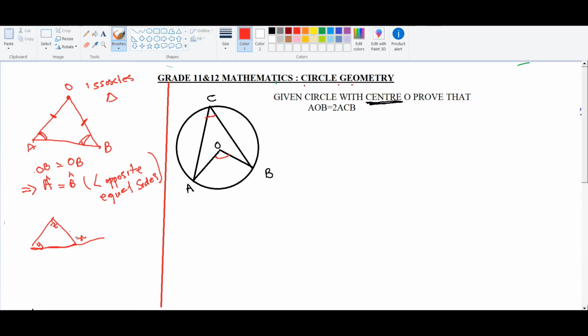Then if you have the exterior angle, the outside angle of your triangle, angle x is equal to y plus z. This they represent your opposite interior. The exterior angle of a triangle is equal to the sum of the two opposite interior angles.